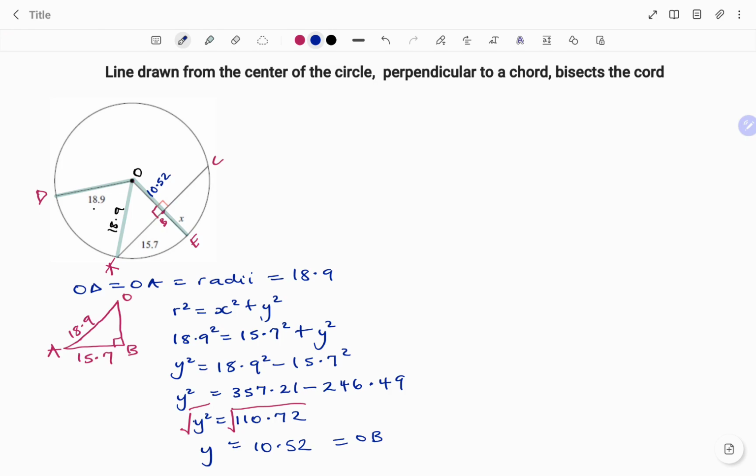Therefore, OE is also equal to the radius, which is 18.9. 18.9 is also equal to 10.52 plus x. Therefore, making x the subject of the formula, x equals 18.9 minus 10.52.